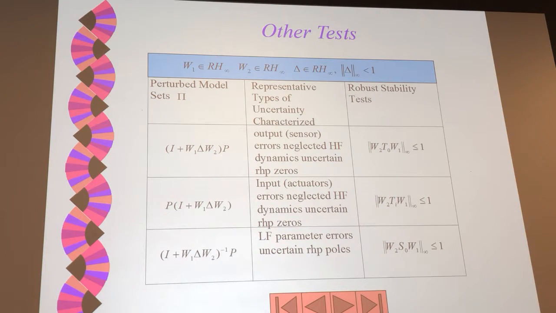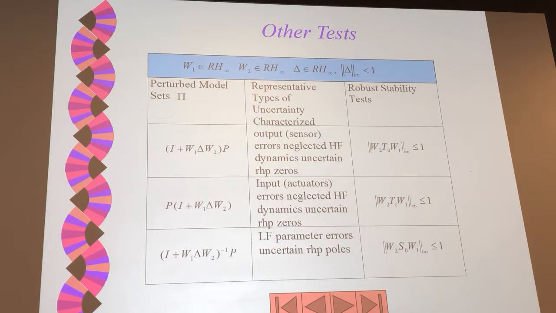So we see we have a perturbation model set. So W1, W2, delta, and delta infinity norm less than 1. So you have this K and P, and you have the description case. So this is on the left, this is on the right. Okay, you have also the inverse format. So it depends.